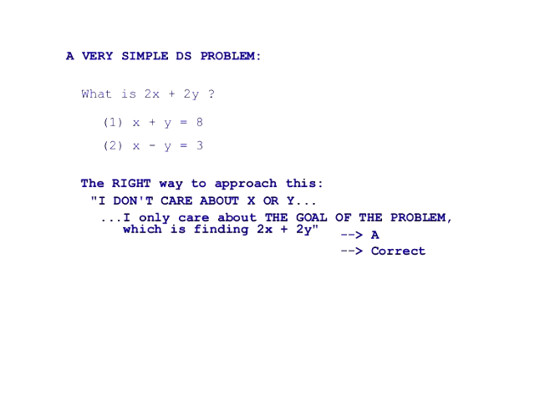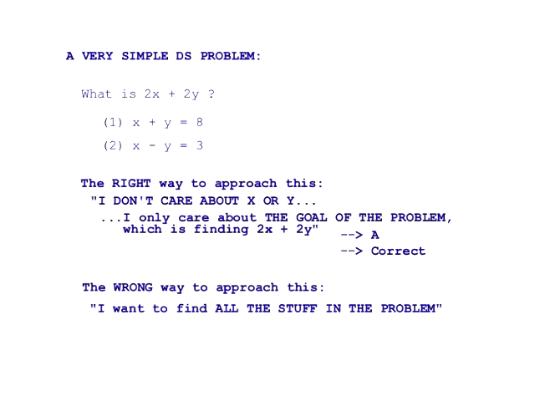The wrong way to approach this would be to think, I need to find everything in the problem, including x and y. If someone thinks they need to find x and y in this problem, then they're going to pick C, and they're going to get the problem wrong.